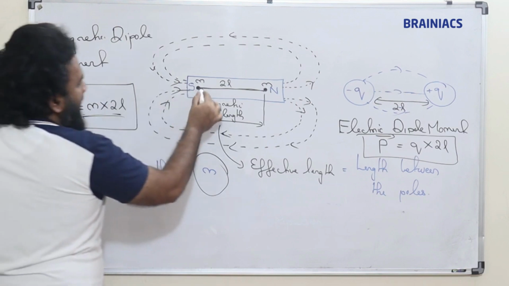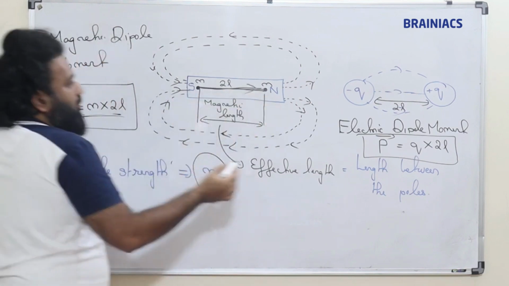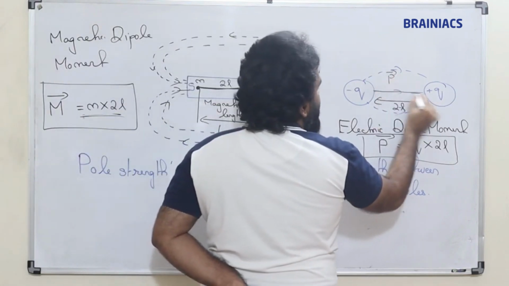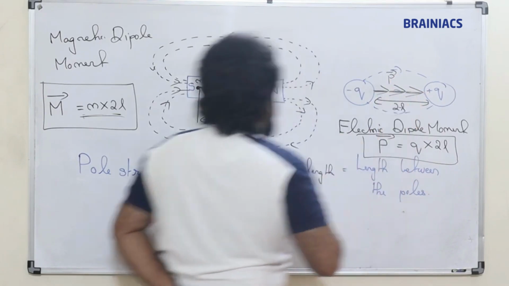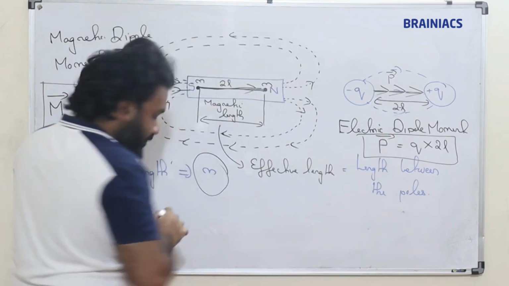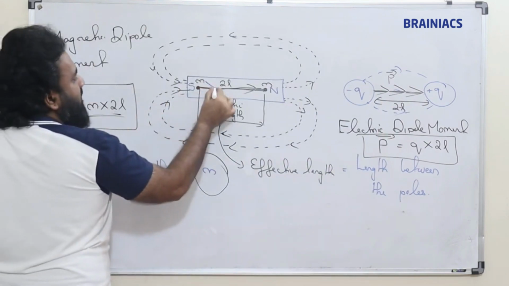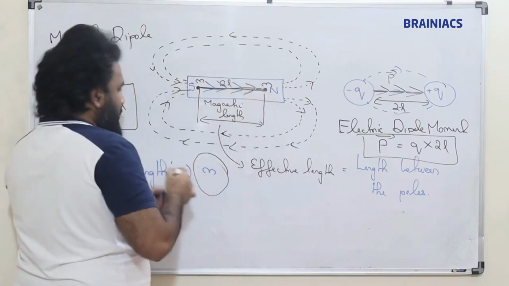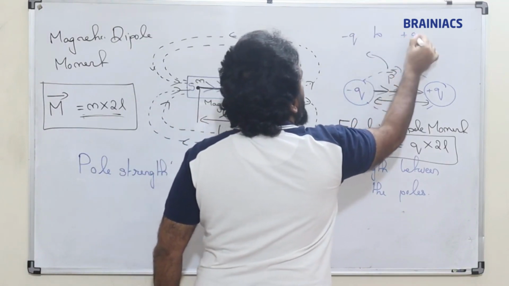Now this length we can take like this. Just like the direction of P, the direction of electric dipole moment is in this direction, from minus q to plus q.